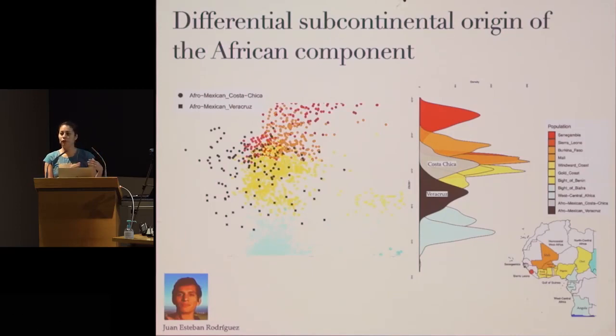And so those populations remained isolated and didn't receive more Africans, whereas Veracruz was a more dynamic place where Africans or Afro-descendants kept arriving not only from Africa, but also from the Caribbean. So in Veracruz, there was more gene flow and admixture happening.